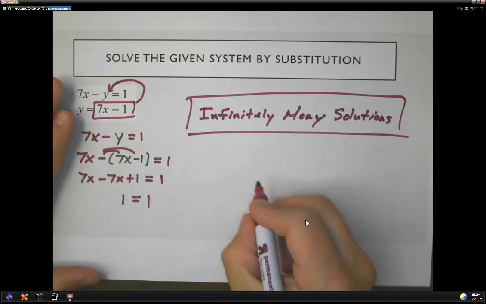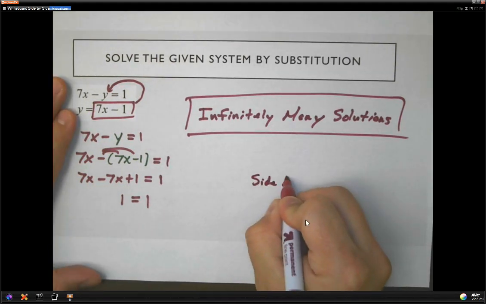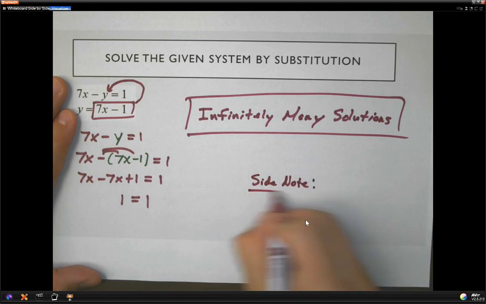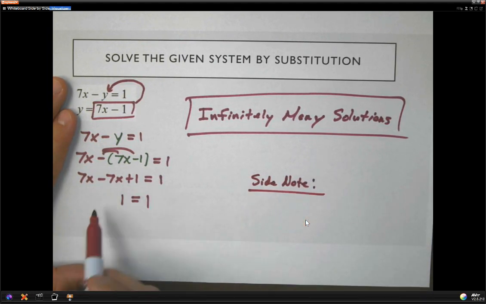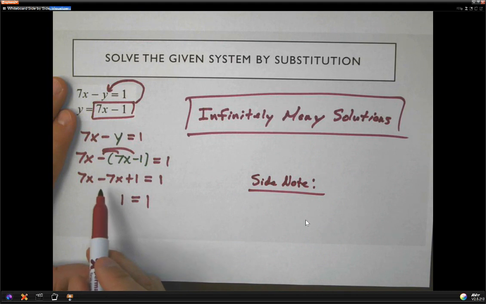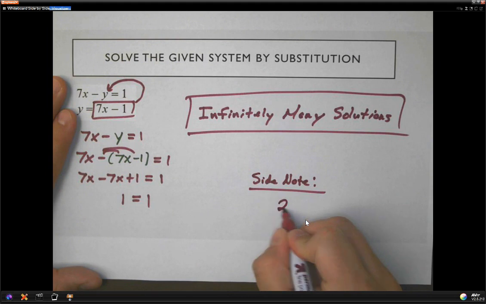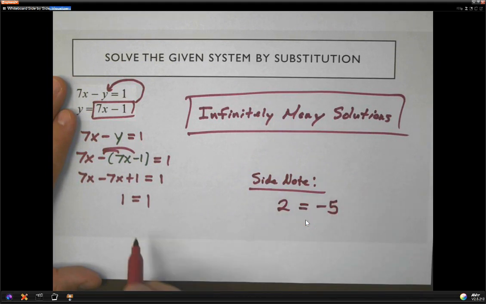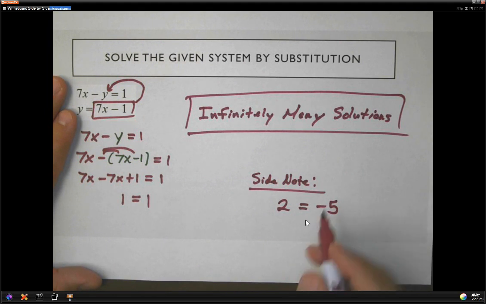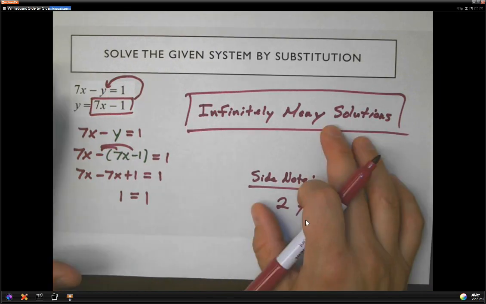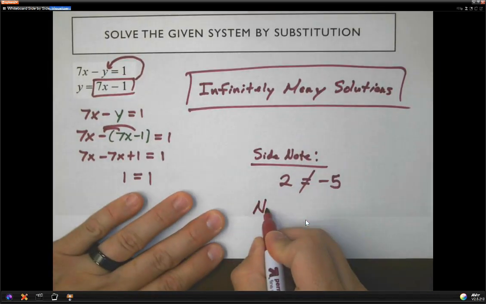Now again, to make a side note, do remember if we did something like this and the variables disappeared, they canceled out, but we ended up with something that wasn't true. So for example, let's say at the very end, instead of 1 equals 1, it said 2 equals negative 5. Well, this is definitely not true. If this situation happens when your variables disappear and you have none left, then this would be no solution.